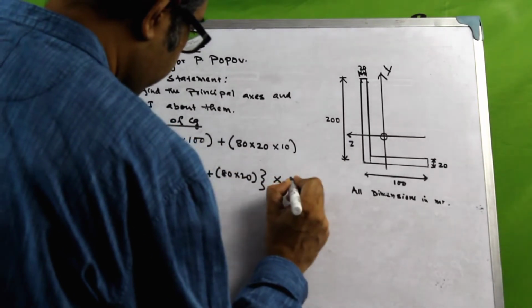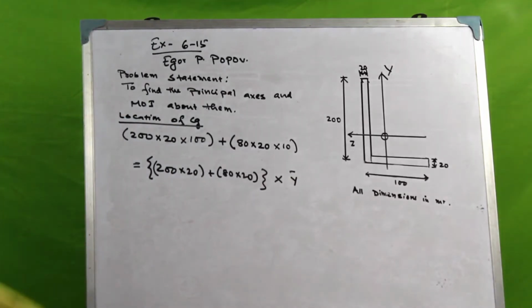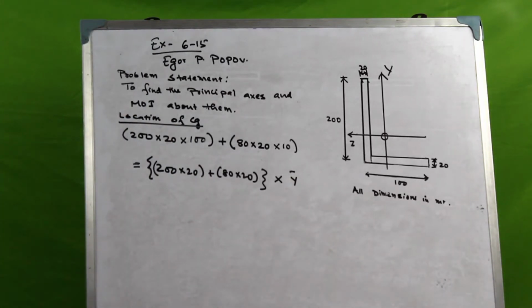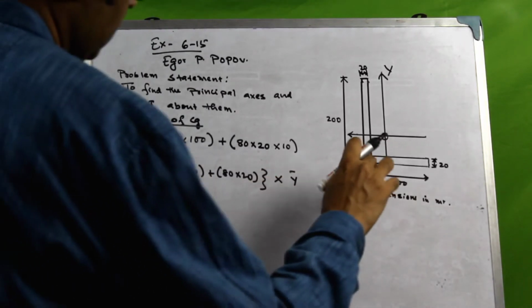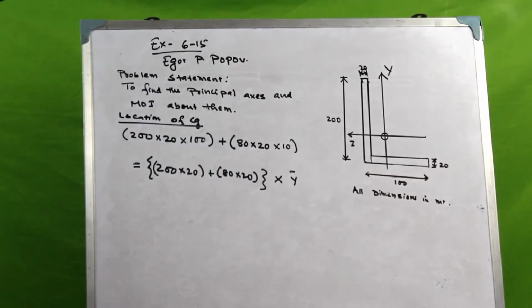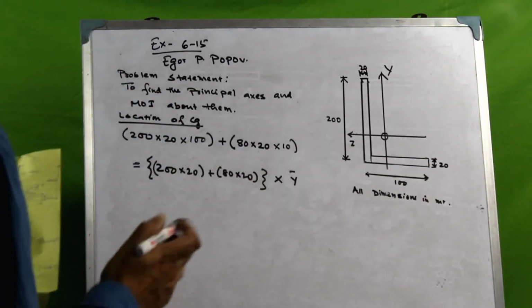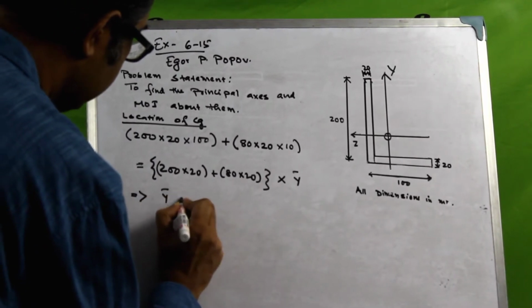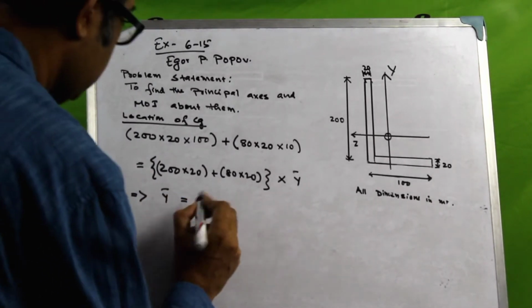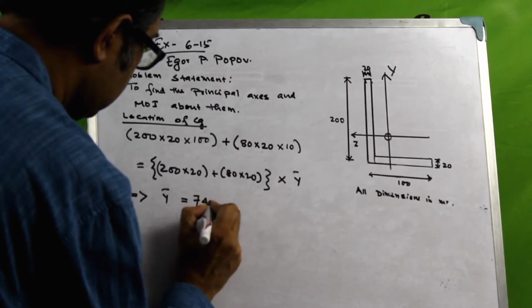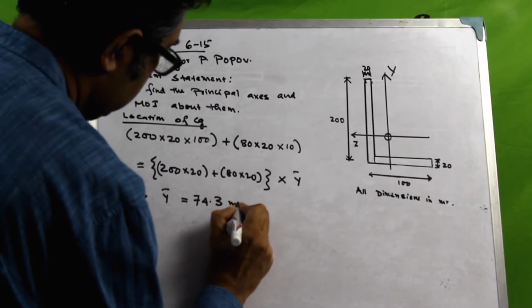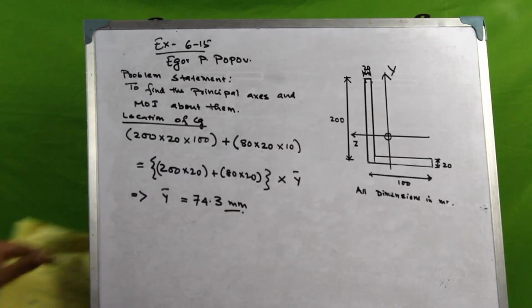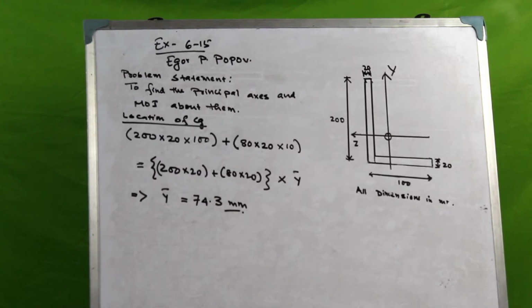This would give y bar, the distance of the resultant area from the bottom of the bottom flange. Now if you calculate this, you'd see that the distance comes to 74.3 millimeters.